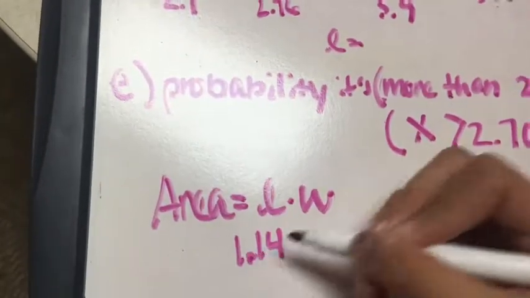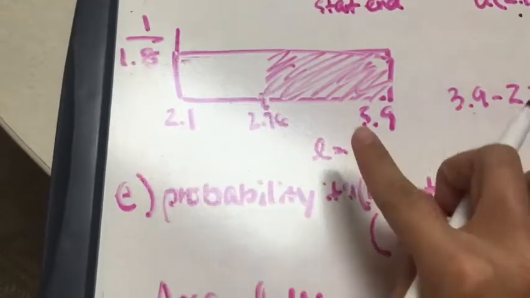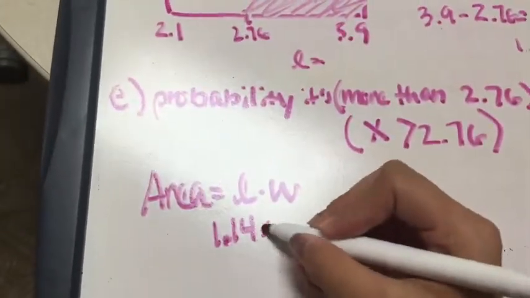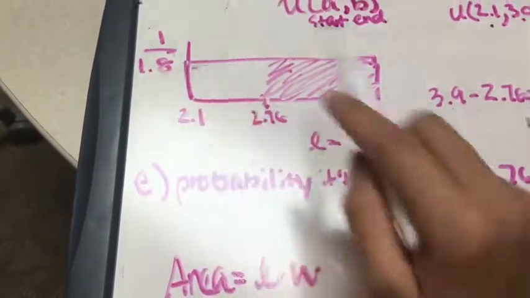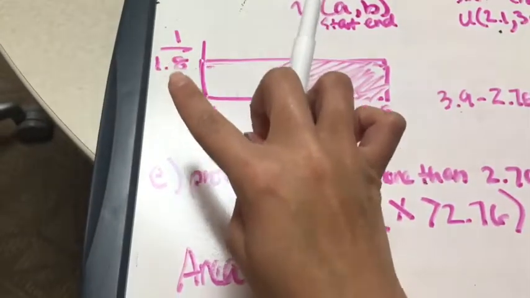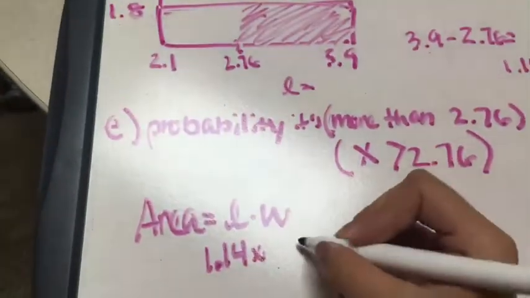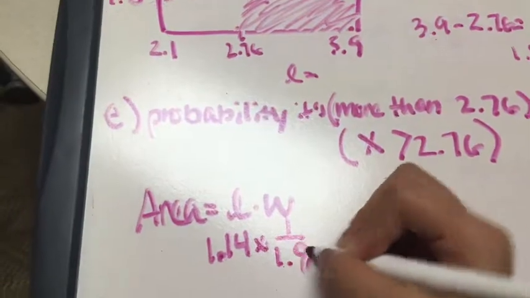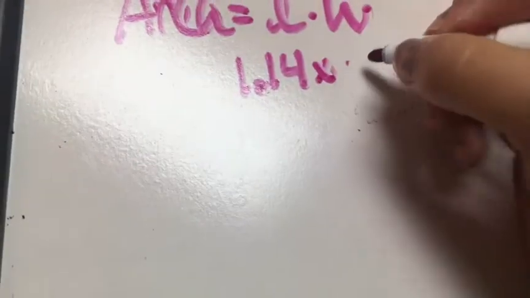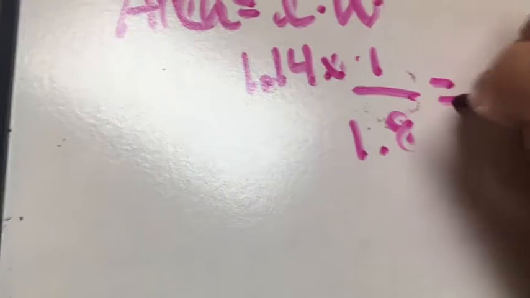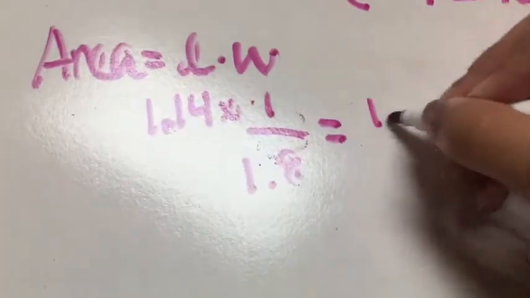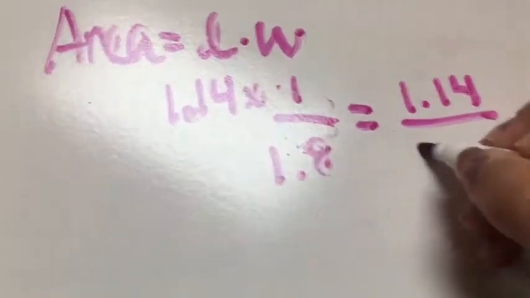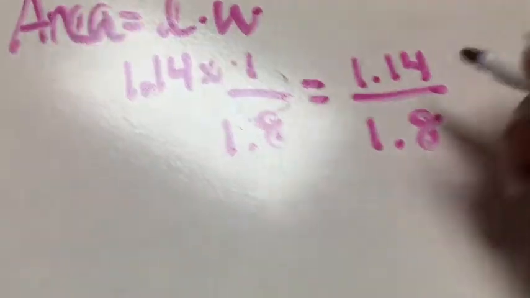So that tells you that you have 1.14 numbers from 2.76 to 3.9. Once you get the length, all you need to find is your width. Your width is still 1 over B minus A, 1 over 3.9 minus 2.1, which is still 1 over 1.8. Then you just multiply straight across again: 1.14 times 1 is 1.14, divided by 1.8.